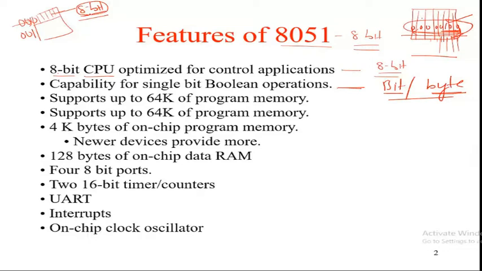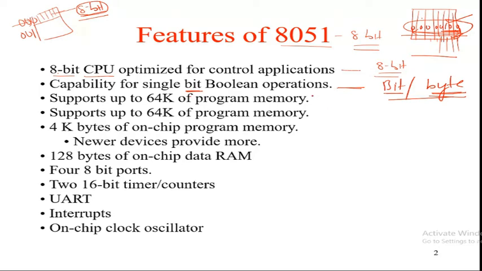But in the microcontroller, along with byte accessing, bit accessing is also there. So it has the capability for single-bit Boolean operations. As these are binary symbols, we call them Boolean operations, and we can do data handling bitwise.